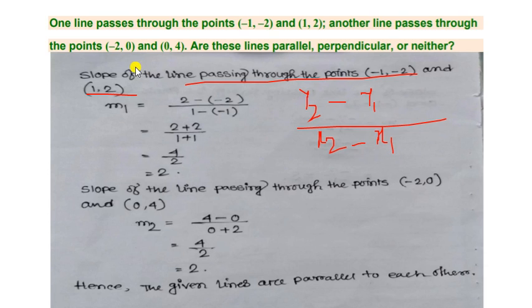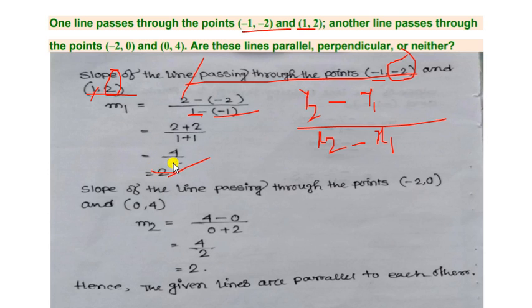Here y2 is 2, so y2 minus y1 is 2 minus (-2). Then x2 is 1, and x2 minus x1 is 1 minus (-1). Always try to write the values in brackets. Calculating, 2 minus minus is plus 2, and 1 minus minus is plus 1, so 4 by 2, which simplifies to 2. So the slope of the first line is 2.